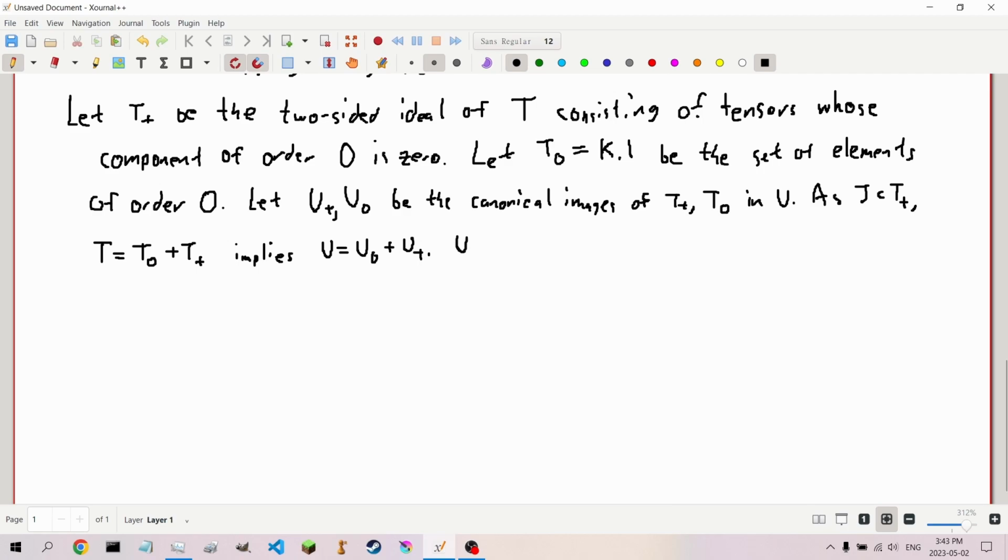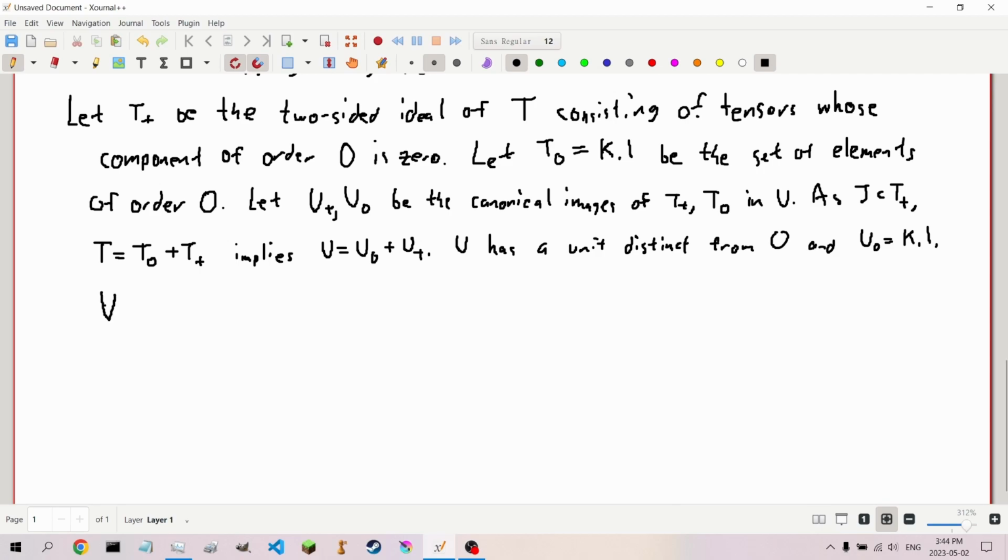Thus, U has a unit distinct from 0 and U0 equals K dot 1 inside of U.